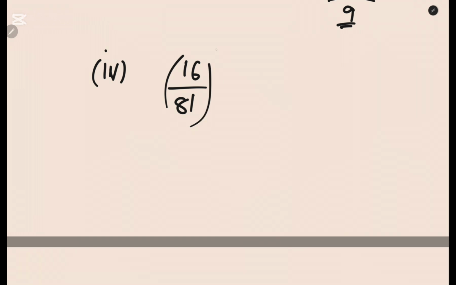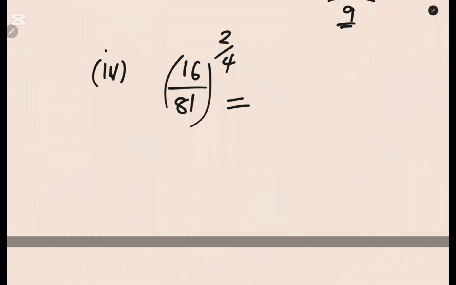All right, what about if we had, this is the third or the fourth example that we are looking at. What about if you have 16 over 81, then to the power, let me start with 2 over 4. How is this one going to be? So for this one, look at this.